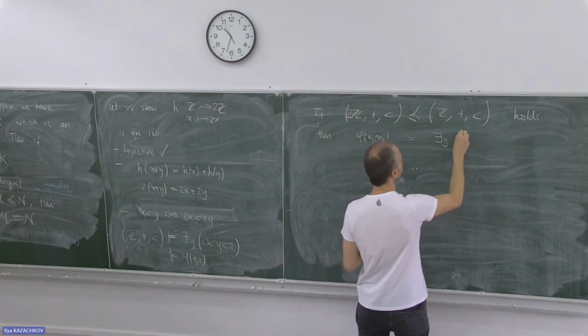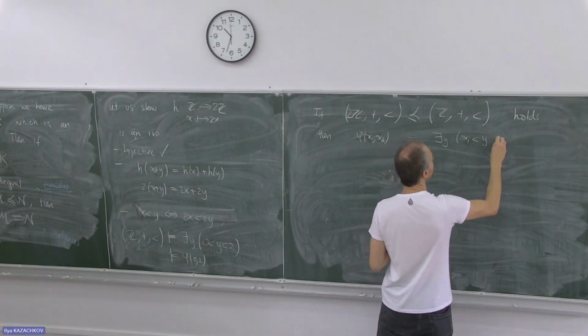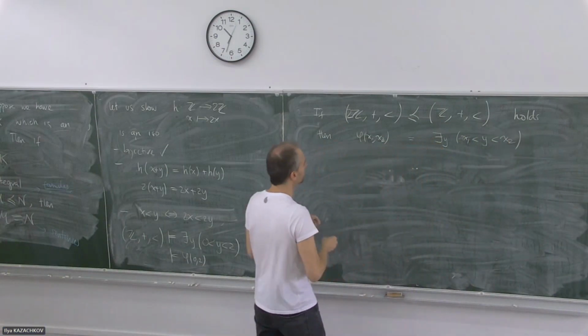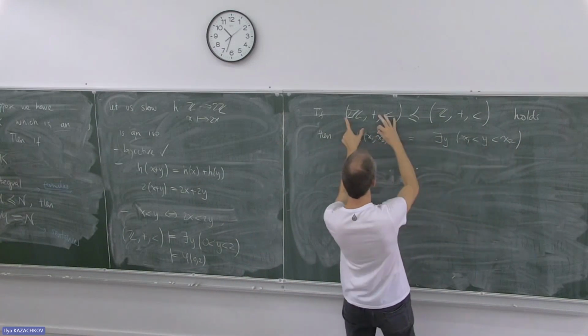Which says there exists a y such that x1 is smaller than y, smaller than x2, right? Since this formula holds for, I can take any two elements in the smaller one, right?